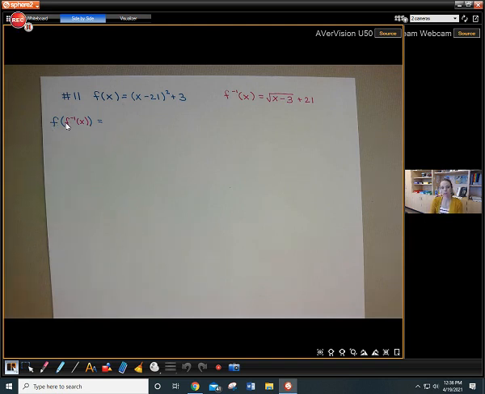So I'm going to take the pink function and plug it into the blue function. So I'm going to take all of this and substitute it in for that x. So instead of saying x minus 21 squared plus 3, I'm going to say all of this stuff instead of the x.